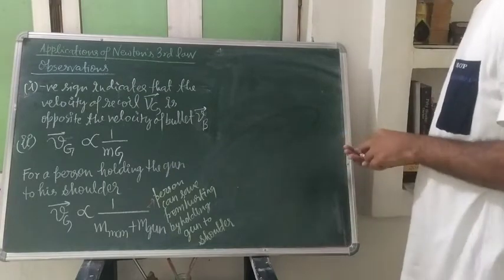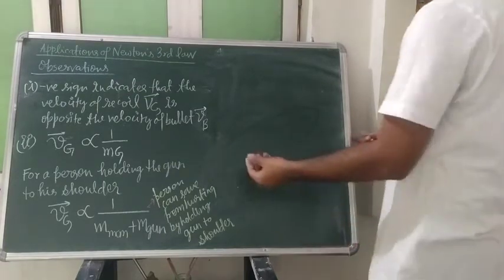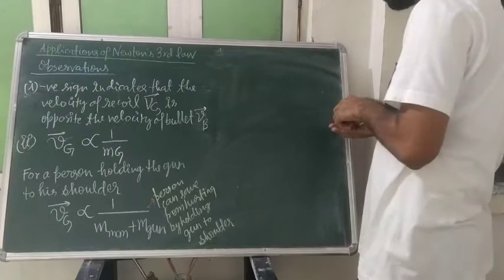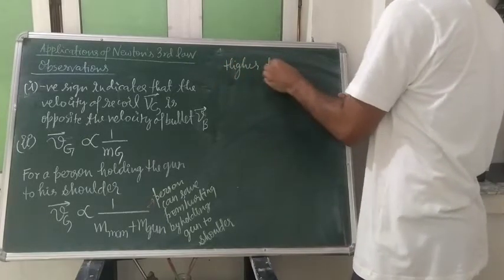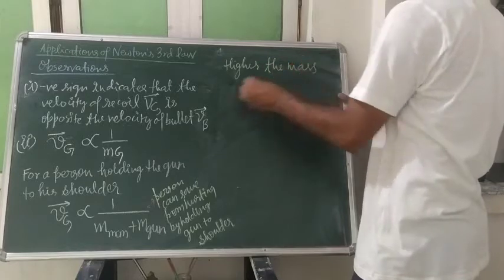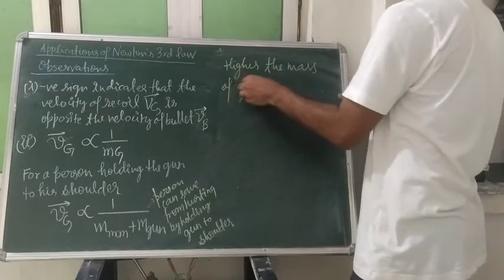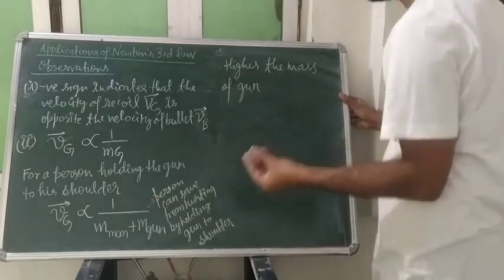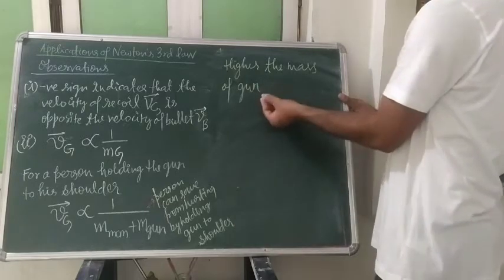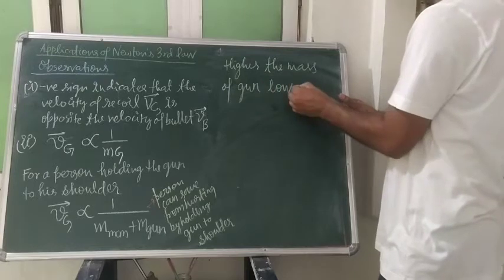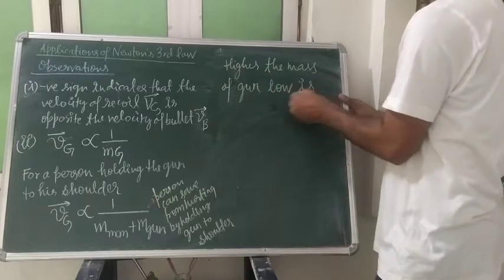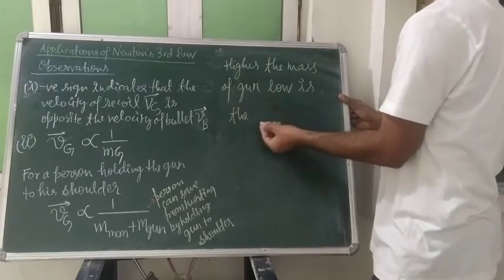And the next observation we can see from here is that the higher the mass of the gun, the lower is the recoil velocity.